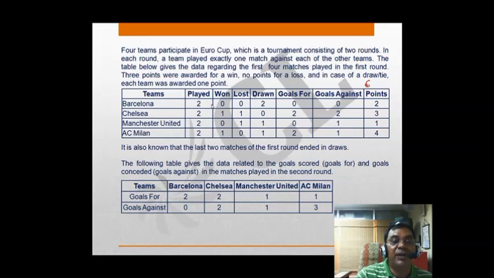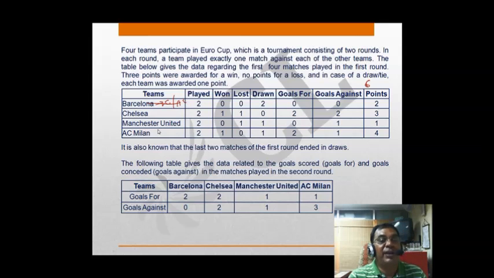Barcelona has won 2-0, drawn 2. So whoever has drawn with Barcelona, Barcelona has played with Chelsea, and the other person who has drawn is AC Milan.